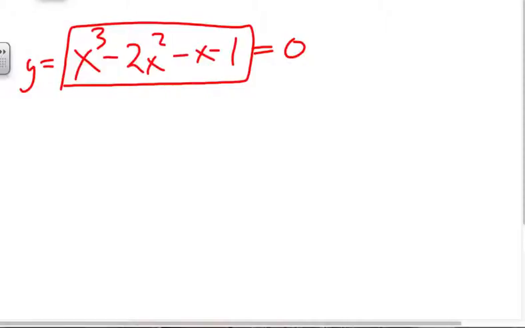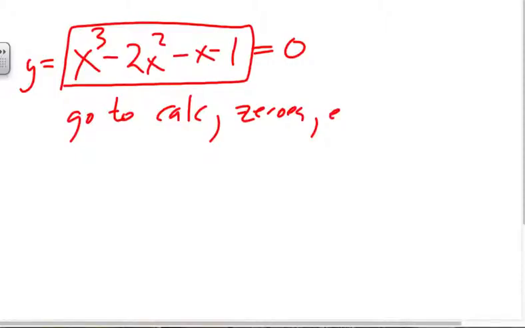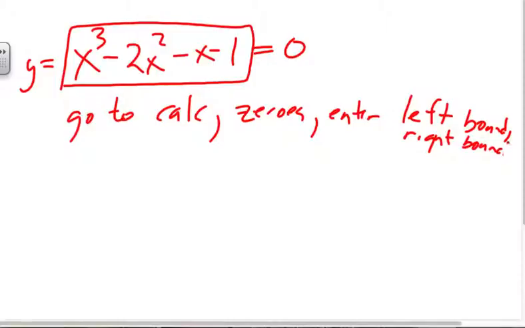Then you go to calc, zeros, and then you enter the left bound, in other words, the left side of a 0, right bound, and your guess.